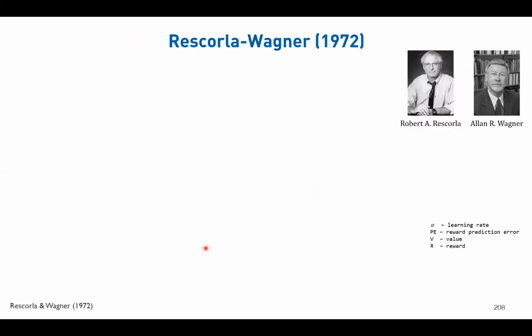Out of all those families of reinforcement learning models, there is the simplest one, and the simplest one is actually from psychologists. In this case, it is the Rescorla-Wagner model. Originally, it was developed to explain Pavlovian conditioning data from animals, but actually it is also very powerful to explain human behavior. I will show you in a minute.